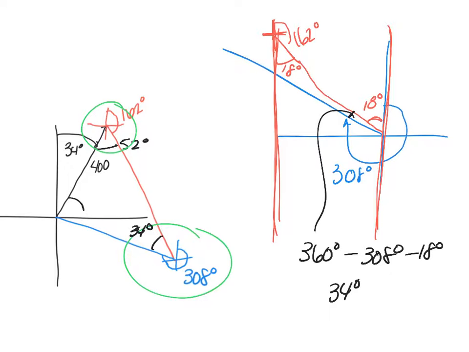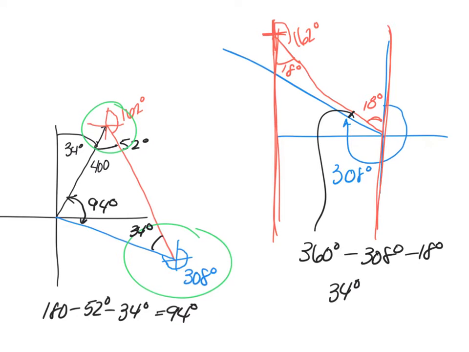So what is this leftover angle that I haven't found? What does that have to be? 180 minus 52 minus 34 degrees. And what is that? What is it? 94. All right.